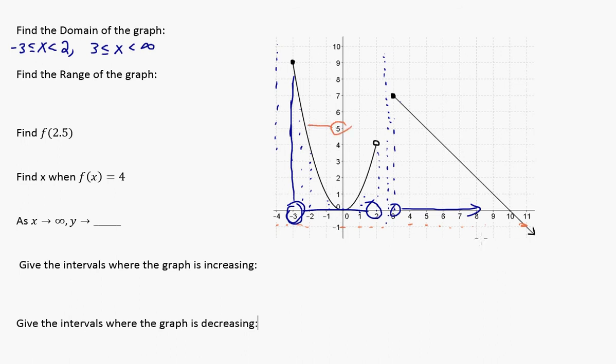So it looks like from -infinity up until +9. This is the highest y value that it'll touch. So the easiest way to write the range is that y is less than or equal to 9. You could also write this as -infinity is less than y is less than or equal to 9.